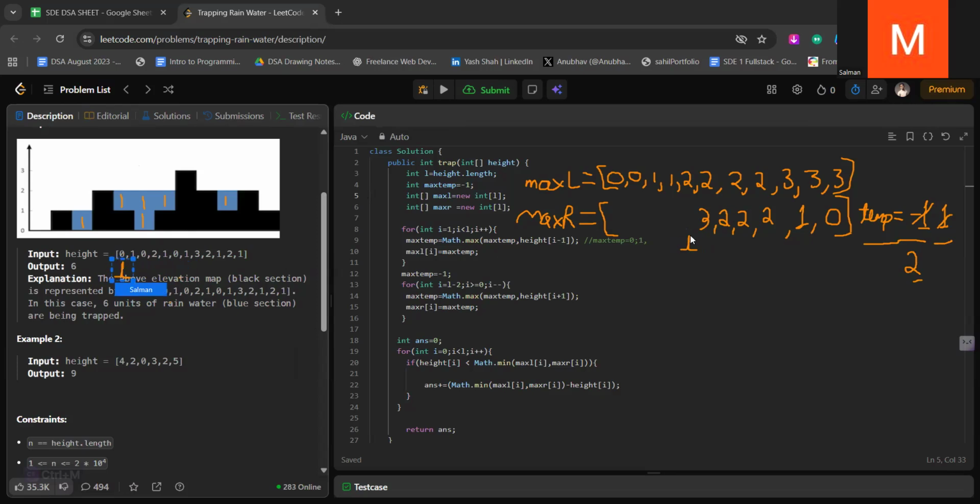So therefore our max of right gets filled with lots of threes, until it reaches zeroth index, right? 3. That's 3, right? Okay, it's 3.